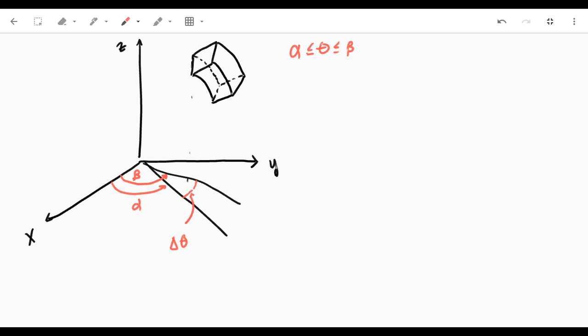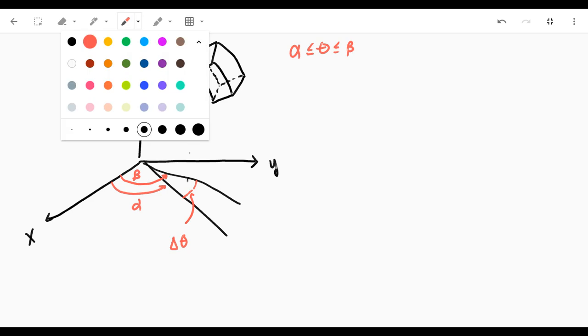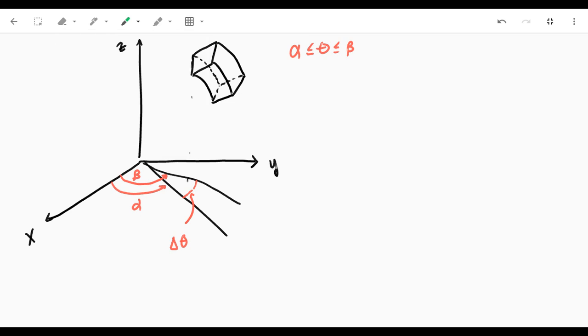Then let's do our phis. We're going to do phi between C and D. I honestly don't know why they don't use Greek letters for this.